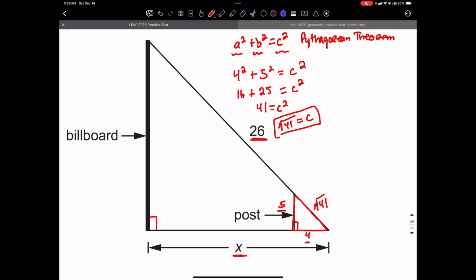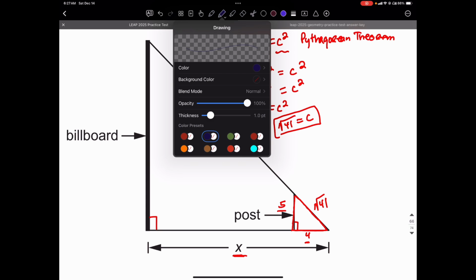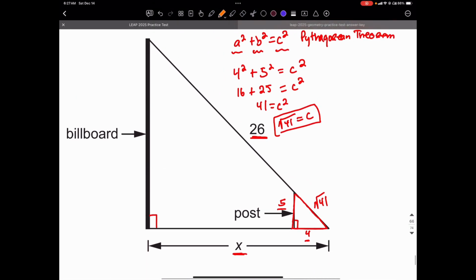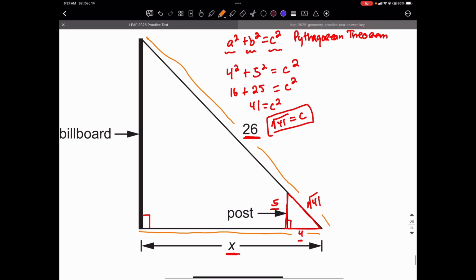Now I can set up a proportional relationship between the larger triangle, and let me use a different color for that, let's say this orange. We can say this larger triangle, the base, and its hypotenuse, because since they are similar triangles, those would be proportionate, right?